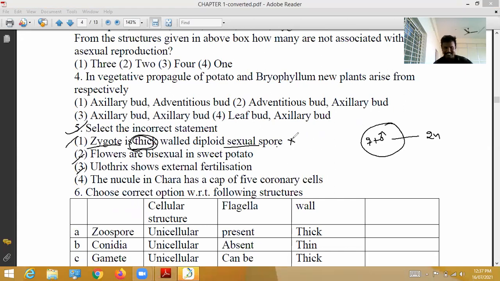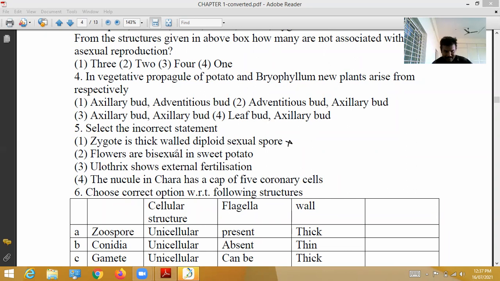In fungi and algae, the zygote is called a zygospore because it has a thick-walled layer. That's why in algae and fungi we call it zygospore. But here they have given thick, but actually it is thin-walled. So option 1 is the incorrect statement.